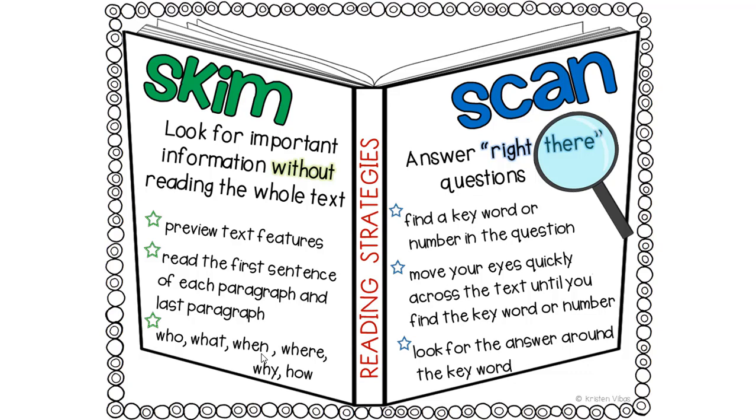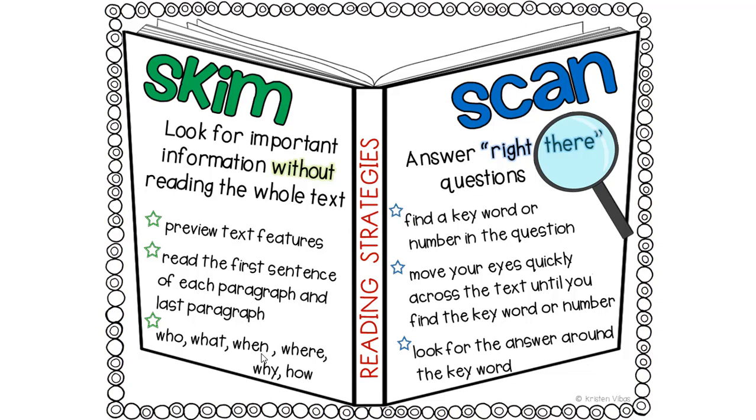We're reading the first sentence of each paragraph, and then we're looking at the last paragraph and the concluding statement. And we're being able to answer the who, what, when, where, why, and how. But with scanning, we're answering those right there questions, and how we're doing that is by finding the key word or number in the question, and we're moving our eyes quickly across the text to look for those key things.